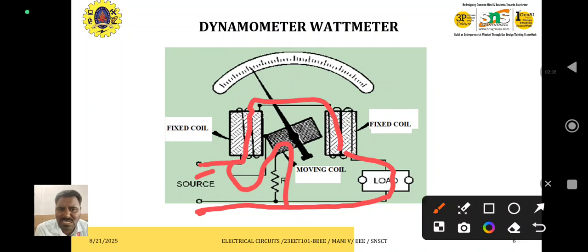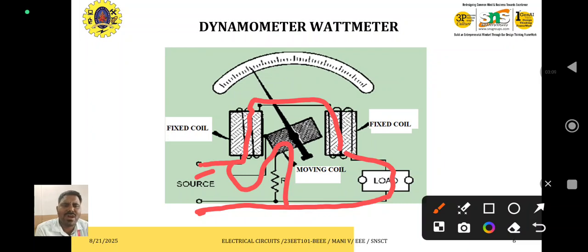So the fixed coil is connected in series with the load, and the moving coil is connected in parallel with the load or source. The fixed coil is called the current coil, which is able to carry the current supplied to the load. And the moving coil is nothing but the pressure coil or potential coil, or it may be called the voltage coil, which is connected across the load, or source.